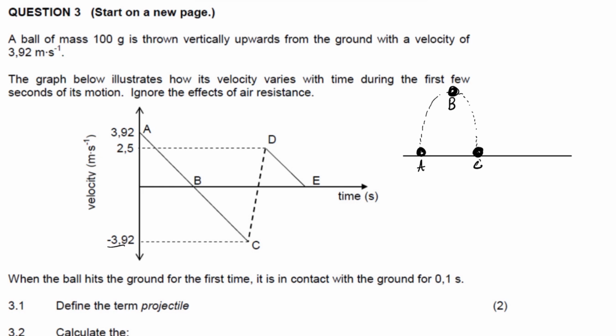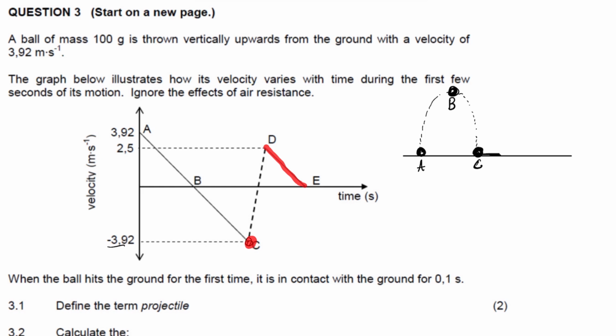which is at C. And then if you look here graphically, there's a bounce and there's a contact time. Once you see the space there, there's a contact time. So clearly, if there's a contact time, there will be a space there, right? And then it hits the ground with this velocity, and it moves from the ground.